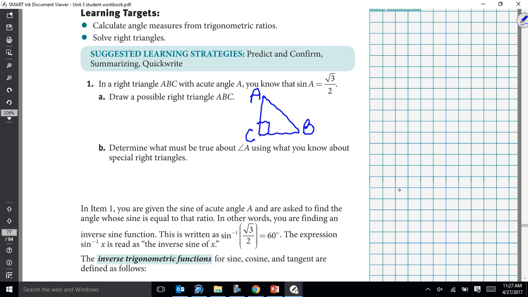All right, so now knowing sine, I forgot, what's the chant that we do? Let me do that first. SOHCAHTOA. So this is sine. Which one of these represents sine?